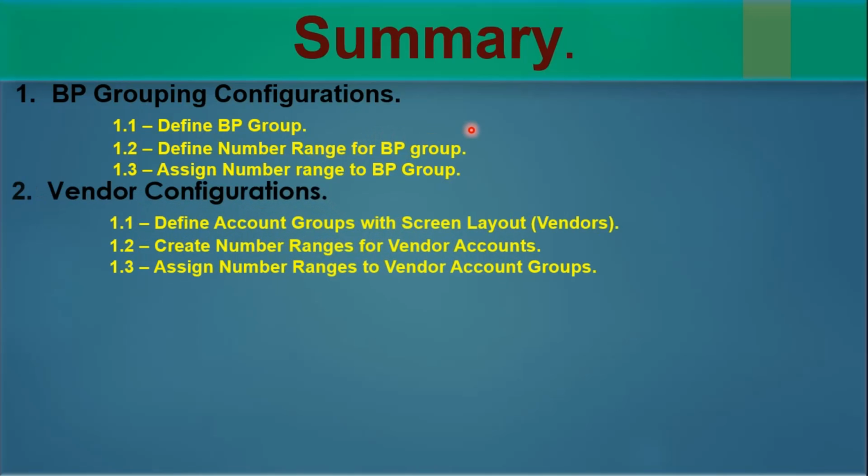Then second, we have done the vendor configuration. It's almost similar to ECC, where we used to define account grouping and assign number ranges to that account group. So it's similar. Again, it's in three steps. Also, you get an advantage here: you can define its field selection itself.